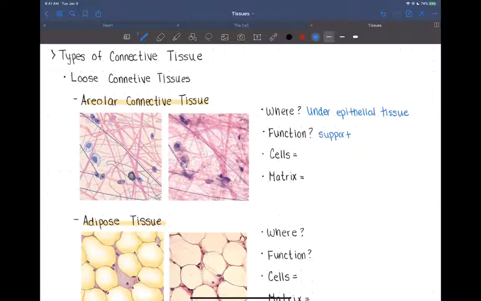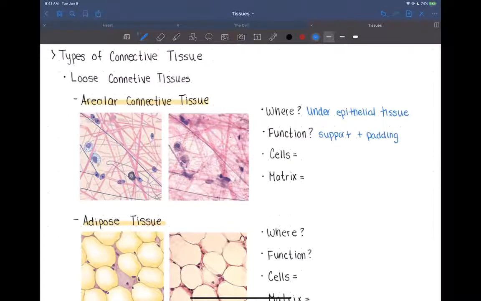These connective tissues are vascular, so it's going to provide support in the way of nutrients, oxygen, and glucose and all that stuff coming from the blood. So it's going to support those epithelial cells, and to a certain extent, provide some padding, some cushioning underneath those epithelial cells.